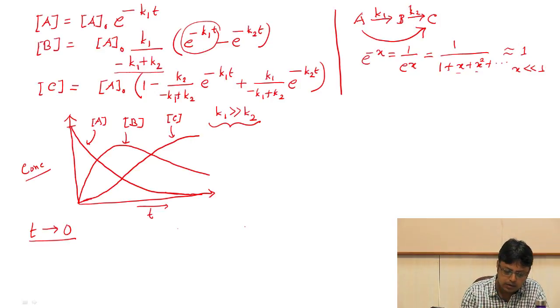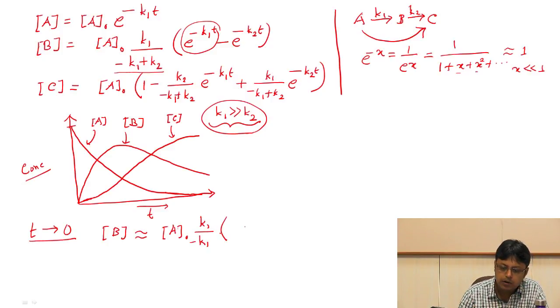Now you see here when t tends to 0, and we also have the condition that K1 is much larger than K2, the concentration of B will be proportional to A0 into K1 by minus K1, because K2 we are ignoring, into e to the power minus K1t and e to the power minus K2t. Now t goes to 0 and K2 is also very small, which means you can ignore e to the power minus K2t, and approximate it to be equal to 1.